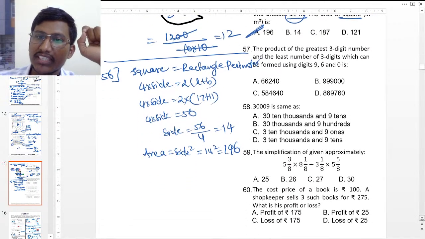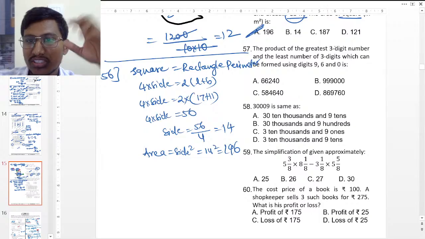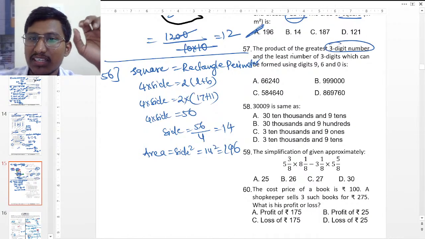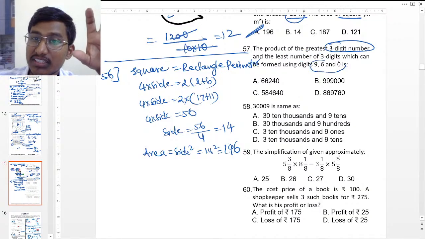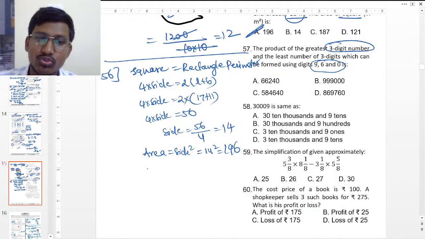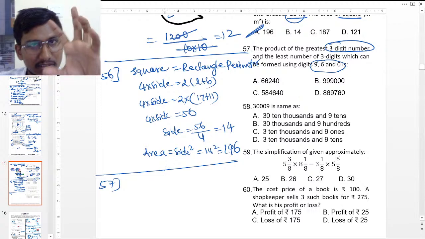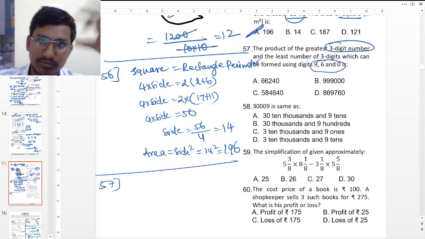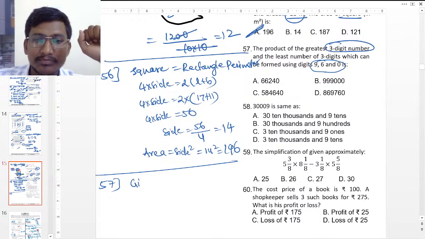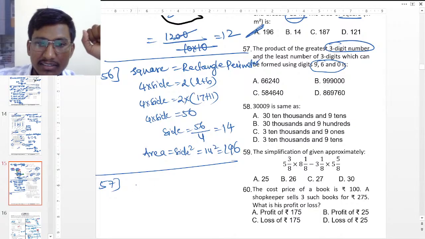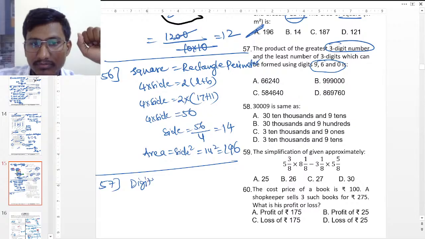Now let's go to the 57 question. The product of the greatest 3-digit number and the least 3-digit number which can be formed using the digits 9, 6 and 0. So here I will give this as homework for you. It is very easy. I will calculate the steps and you have to calculate the answer. The digits are 9, 6 and 0.